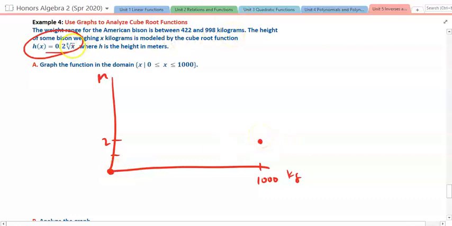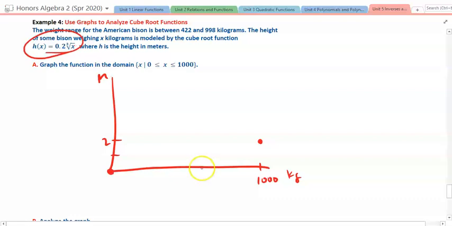Other values I could plug in here that would be really quick and easy to figure out. I could plug in any cube root that would be nice. So cube root of, for example, 27, cube root of 5. To get 5, you would have 125. 6 would be 216. 7 would be 343.